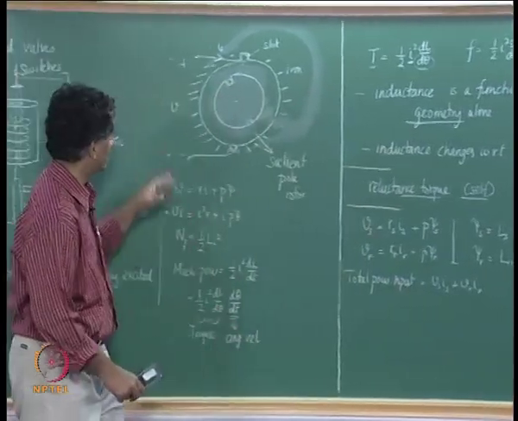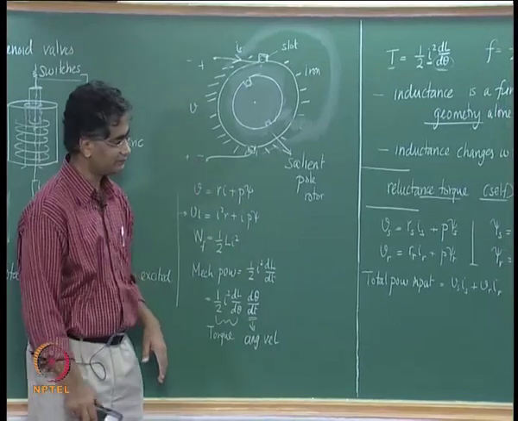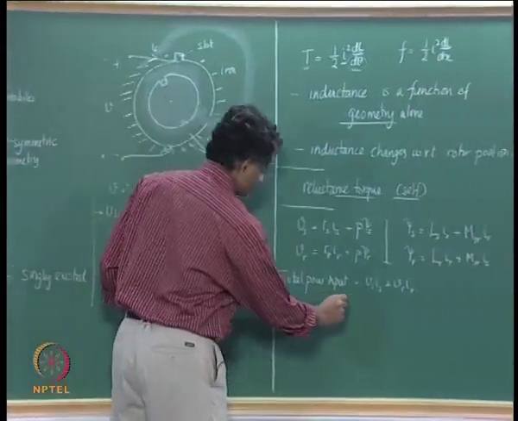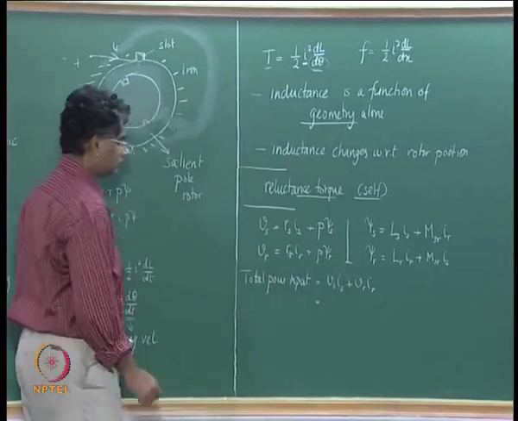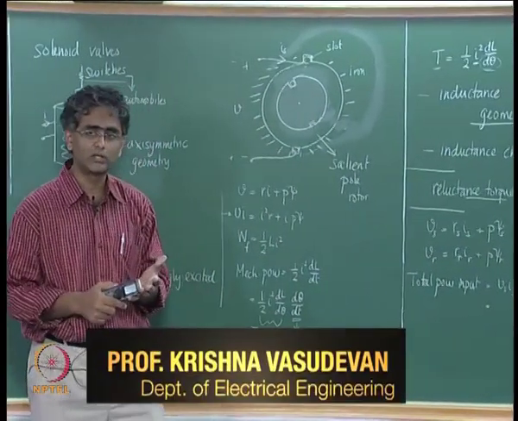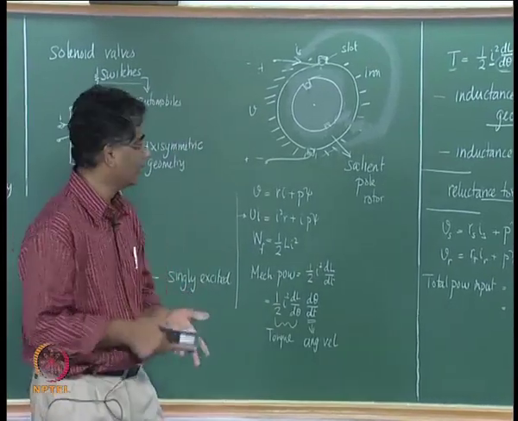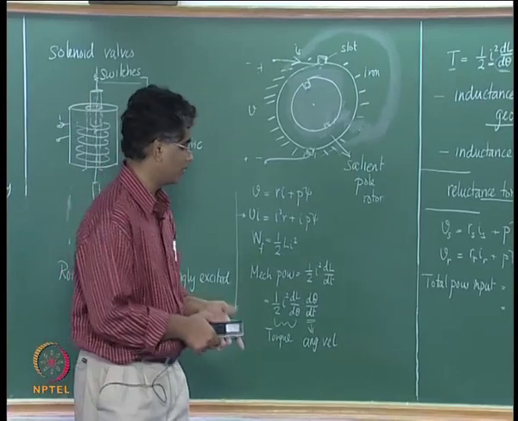That is the net power. You are giving some power to the rotor, you are giving some power to the stator as well, and this power has to be then equal to the resistance loss in the machine plus the rate of change of magnetic field energy plus the mechanical output power.